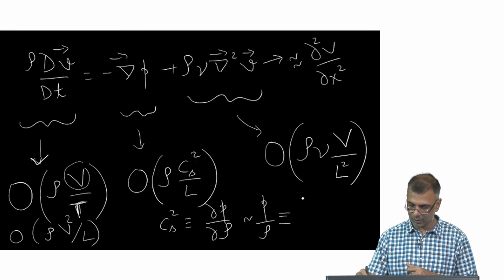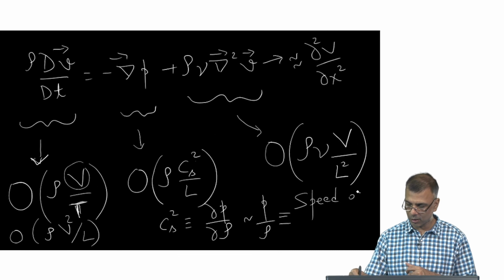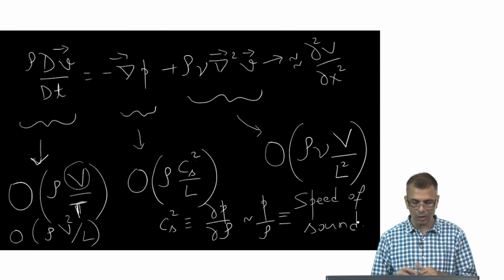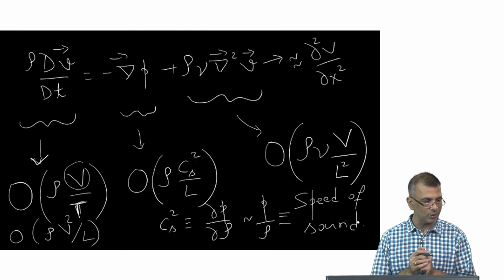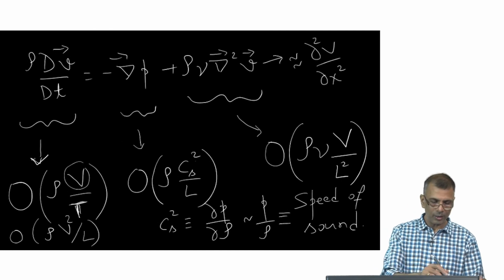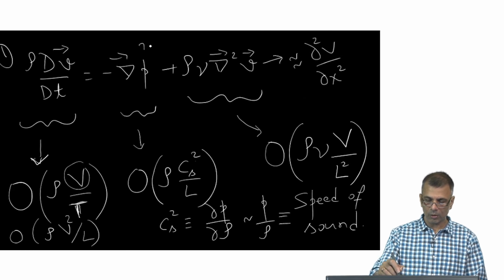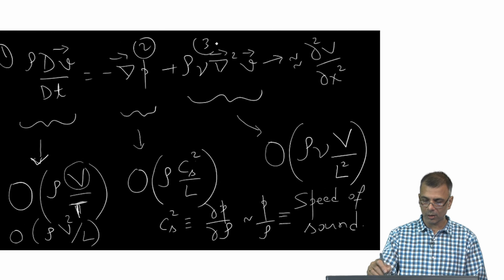Here Cs is the speed of sound. We will discuss this in great detail as we go along, but for now I have just introduced it this way. So this would be term 1, term 2 and term 3.